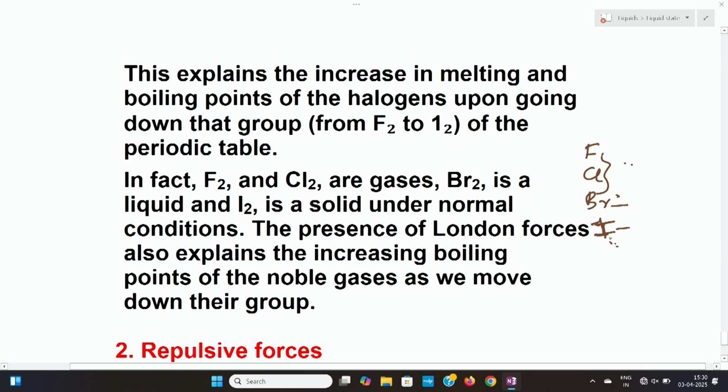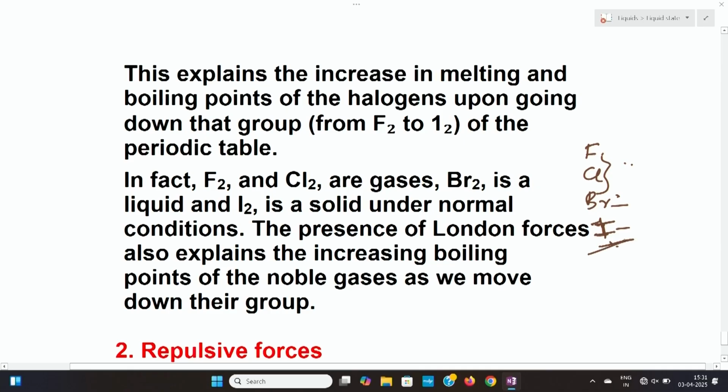Iodine is large, so it is very easy to distort the electron cloud of iodine. Therefore, the induced dipole forces, or London forces, act easily in the case of iodine. Therefore, iodine has a high boiling point compared to fluorine, chlorine and bromine.